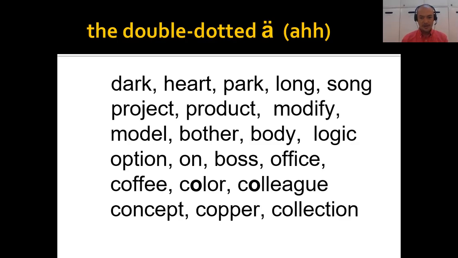If it's an O, then you have to drop your jaw. Same with logic, logical, option, on, turn on the lights, or the opposite, turn off the lights. Don't sound it like a total O, but a combination of an O and an ah sound.